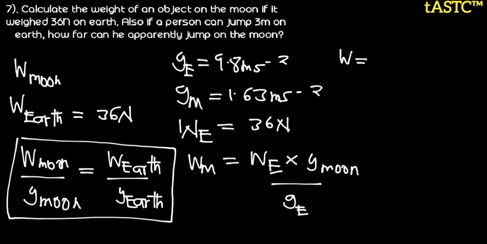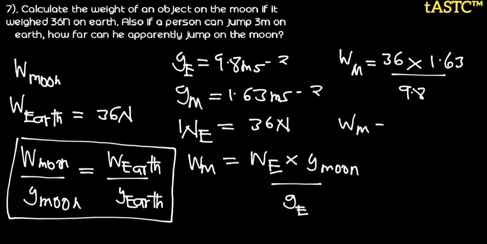So W on the moon will be equal to W of the Earth, which is actually 36, multiplied by g on the moon. So g on the moon is 1.63. And this, of course, is divided by g on the Earth. So that is 9.8. So let us find out what that is going to give. So that gives us 5.9877.